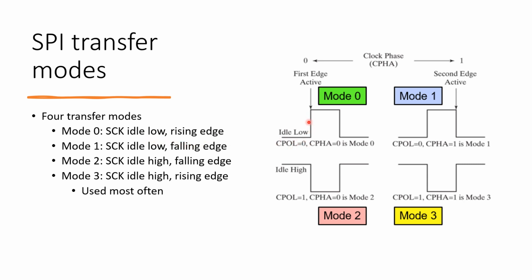So a rising edge is when the data is captured. Similarly for mode 1, it's the falling edge. And for mode 2, it's the falling edge as well. And mode 3 is the one that is usually used more often, and it's on the rising edge of the clock that the data gets sampled.